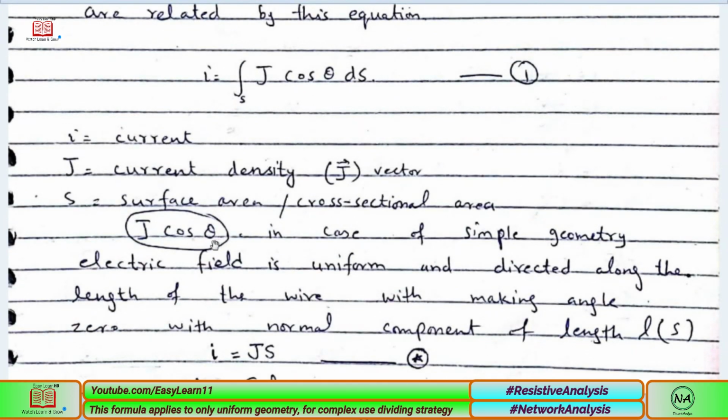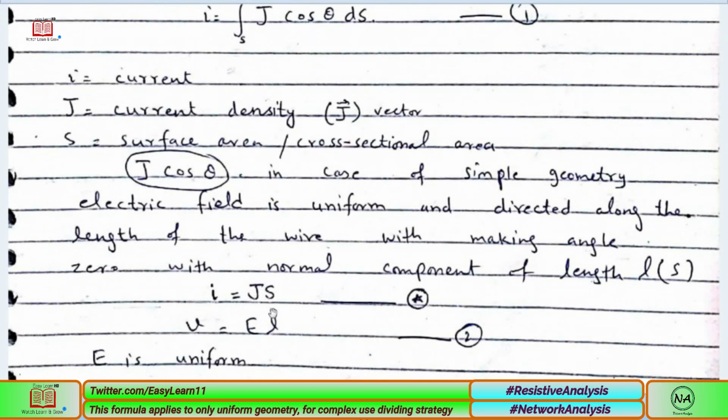Because theta is the angle between the current flowing and the normal component of the cross section, and since the electric field is uniform, this angle is 0. So we substitute 1 and the integration is also removed, so I is equal to JS. We are mainly going to use this for the simple case of uniform area geometry, and we are going to use this equation as a star equation.